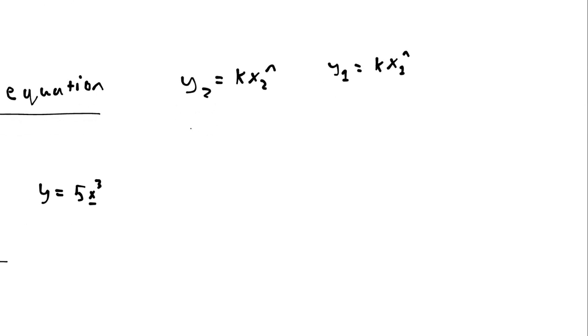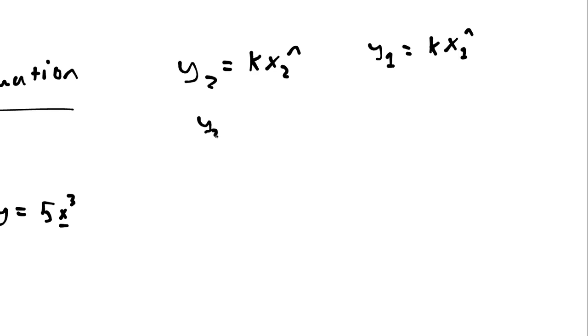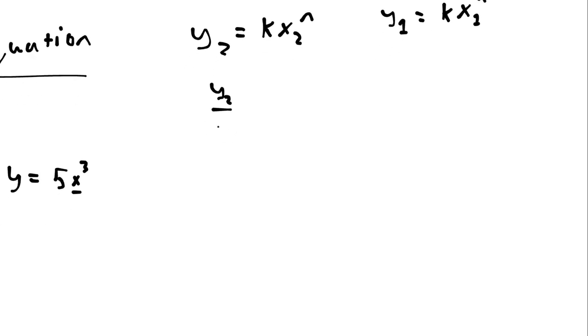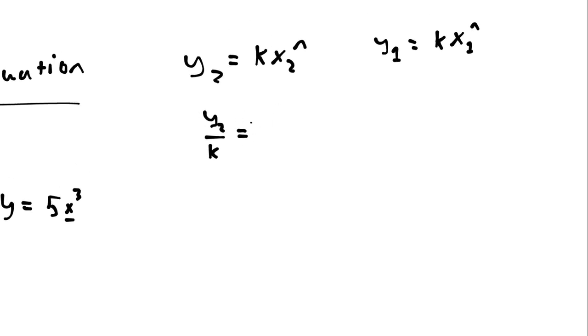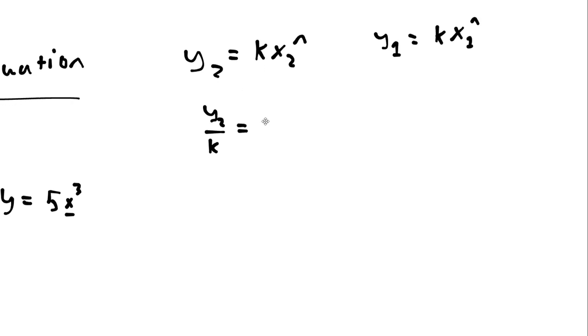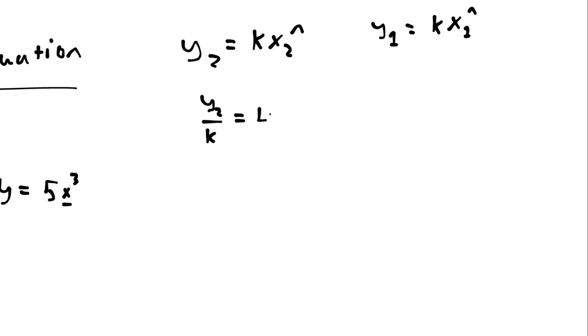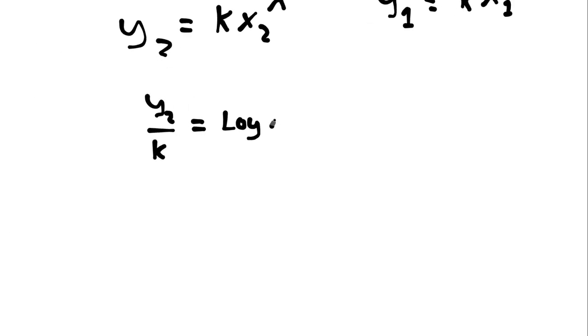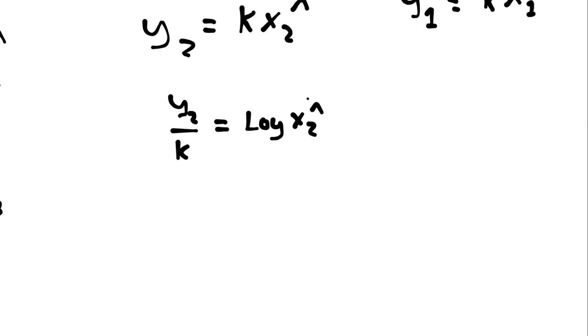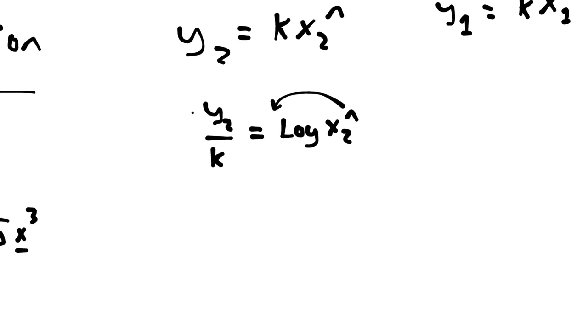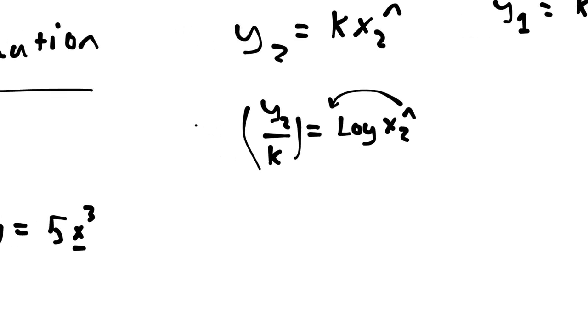If you don't know how to do logarithms or anything, then it's probably going to be pretty confusing. So you're just going to divide by k there, and then take the log of both sides. So log of x2 to the n, you move the n to the front, and this is also log.